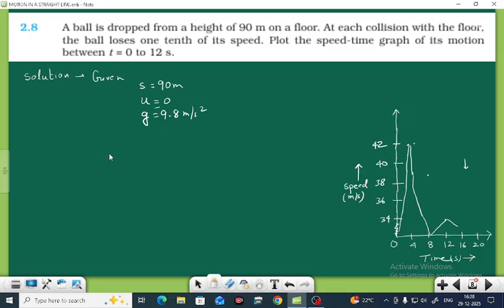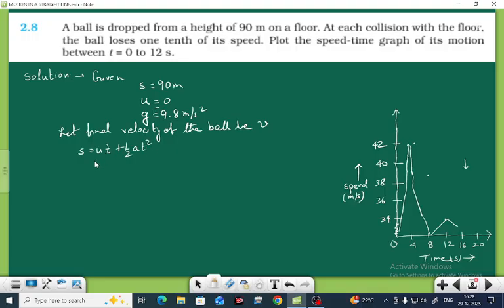Let the final velocity of the ball be v. So we can write s equals ut plus half a t square.